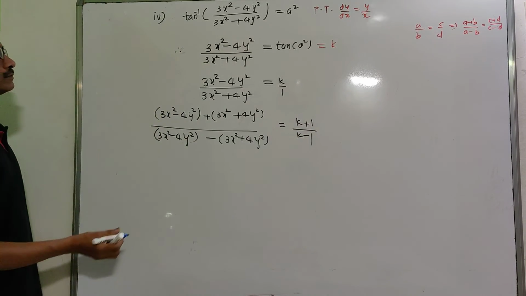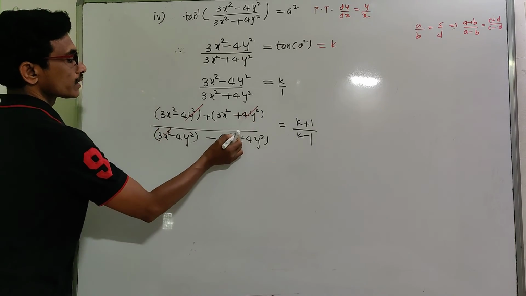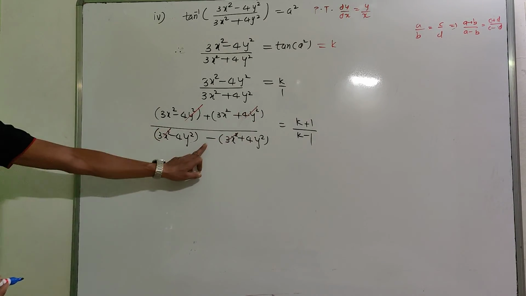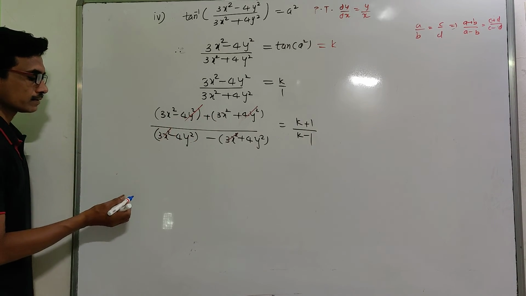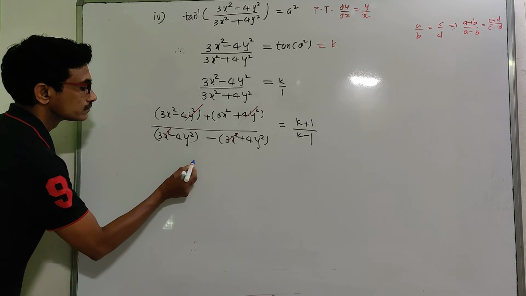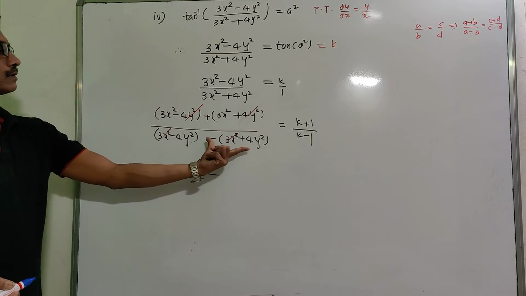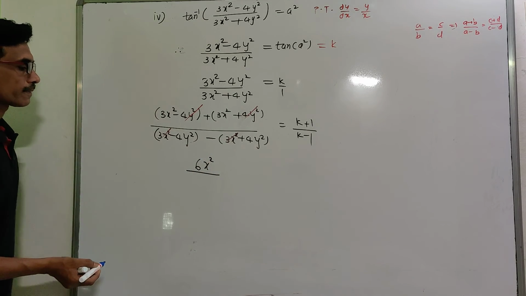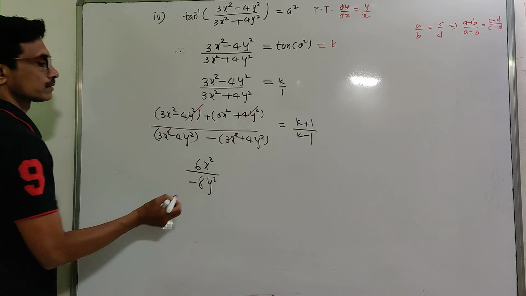So what happens: the 4y^2 terms get cancelled, and 3x^2 terms add up, this is 6x^2. In the denominator it is minus 4y^2 and minus 4y^2, that is minus 8y^2.